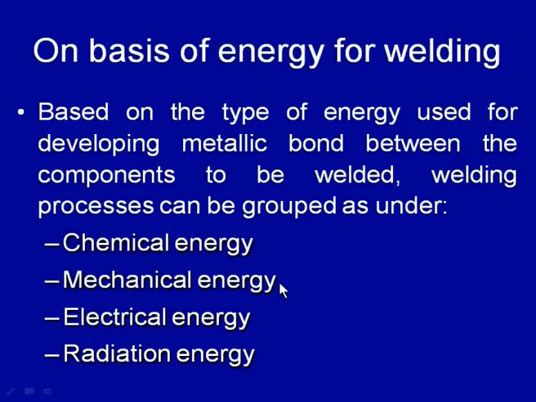For example, those processes which use chemical energy to generate the heat and get the metallic continuity to produce the weld joint, or those processes which use mechanical energy to get metallic continuity between the members to be joined, and similarly those which use electrical energy, or the radiation energy.